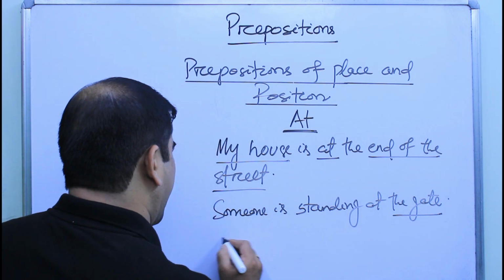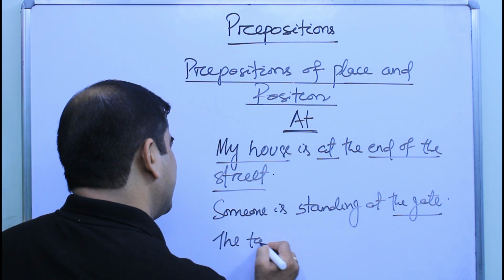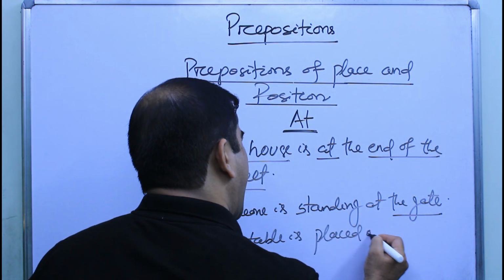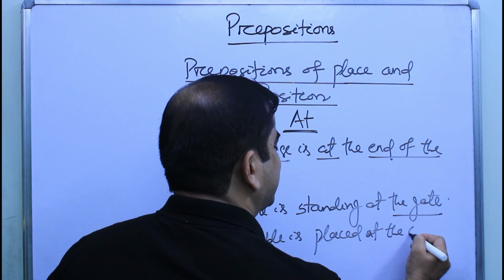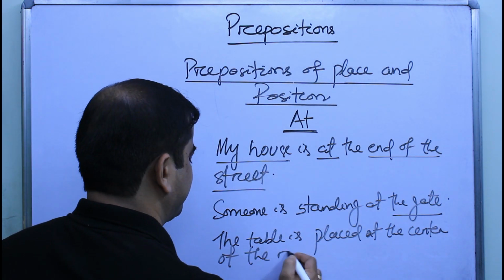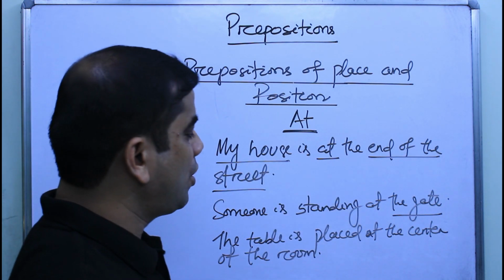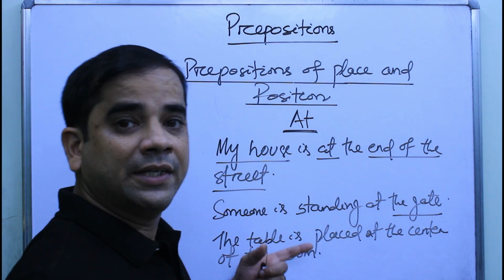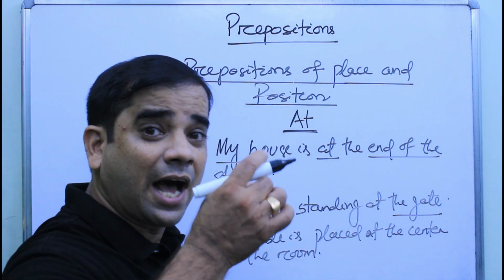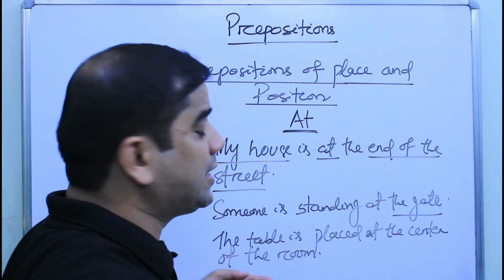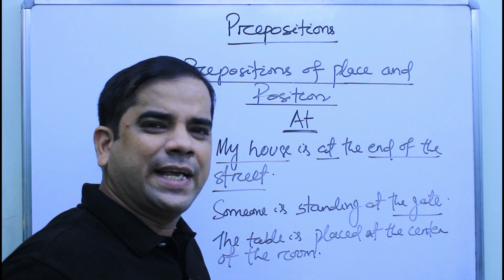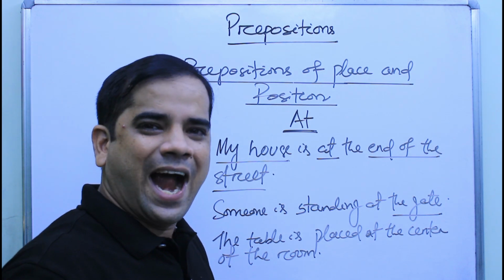Same way, when I write the table is placed at the center of the room, this is the single location of the room, which is nothing but at the center. So it is showing the exact location of the table. In this way, we can use the preposition at.